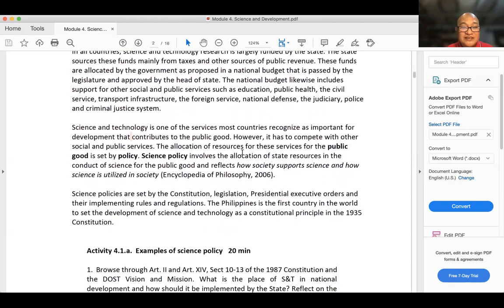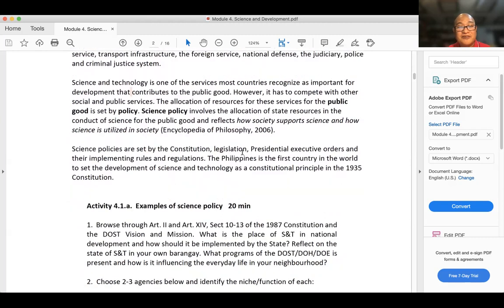Now, in the Philippines, the policies are set by the Constitution, by relevant legislation, and executive orders of the president, with their implementing rules and regulations. And as I said earlier, the Philippines is the first country in the world to set the development of science and technology as a constitutional principle, in the 1935 Constitution.